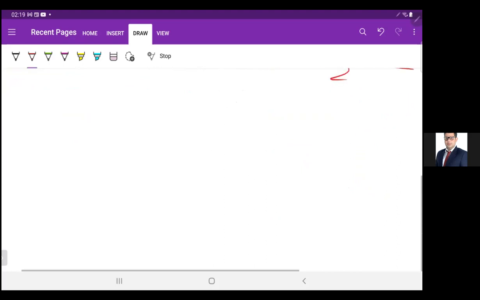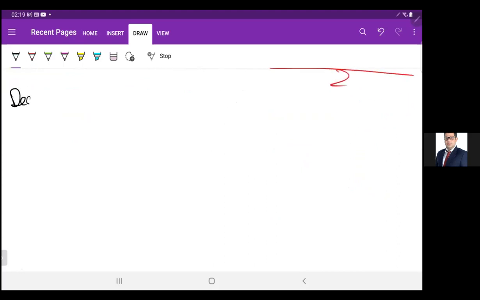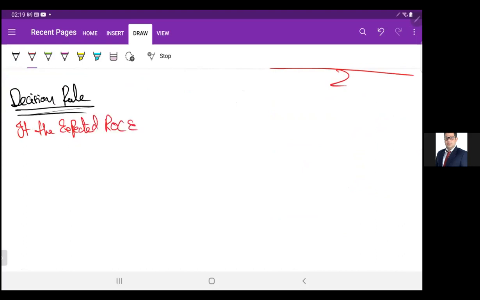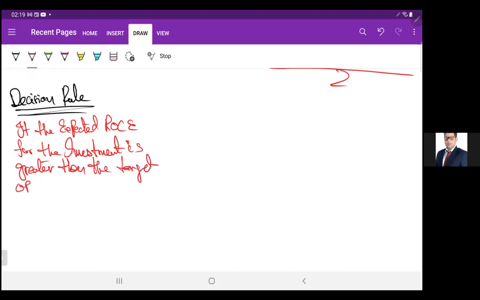Now, the decision rule. If the expected ROCE for the investment is greater than the target or hurdle rate, which is decided by the management, then the project should be accepted.